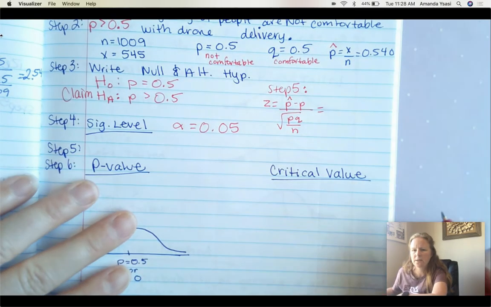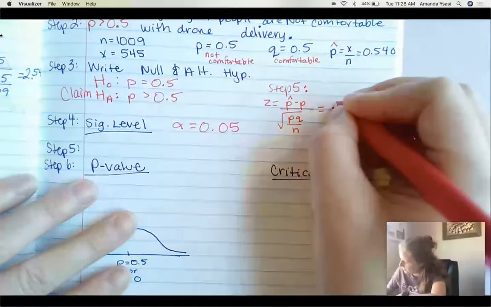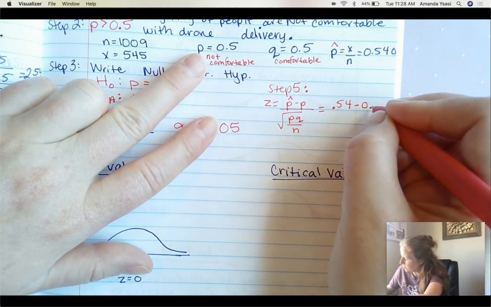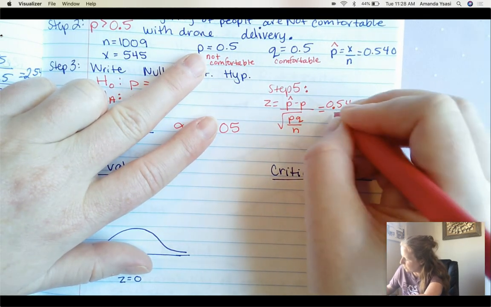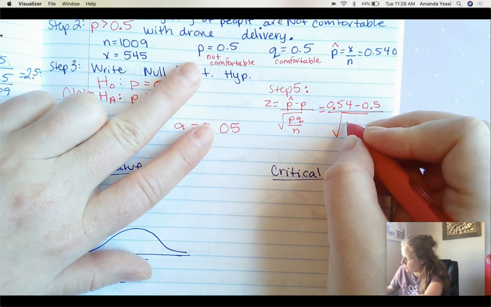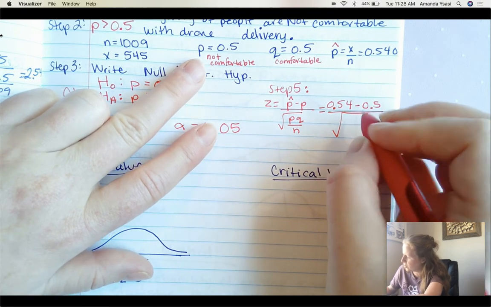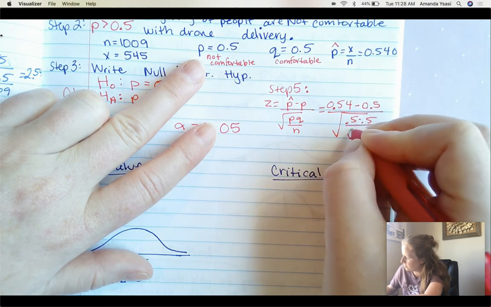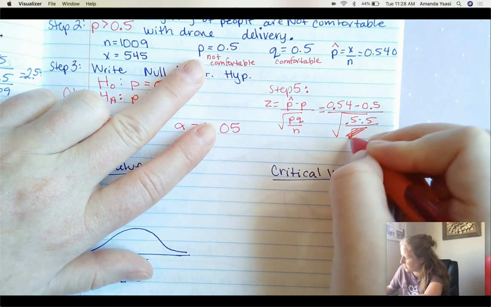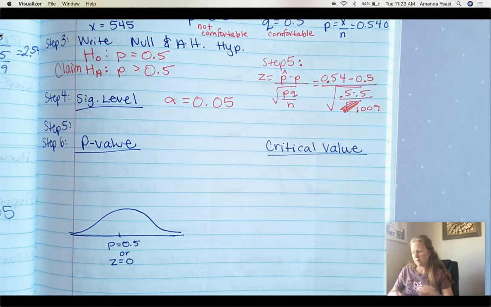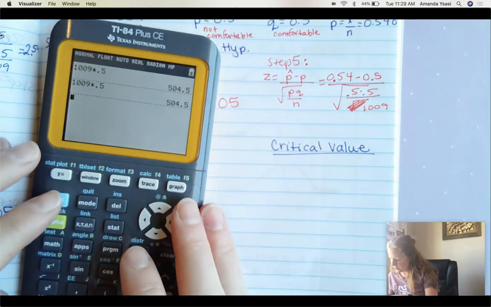Sorry. So that would be 0.54 minus p, 0.5, over the square root of pq, which is 0.5 times 0.5 over 1,009.